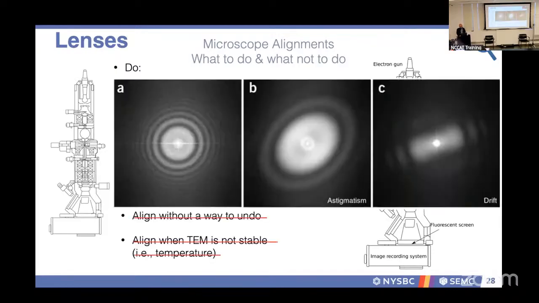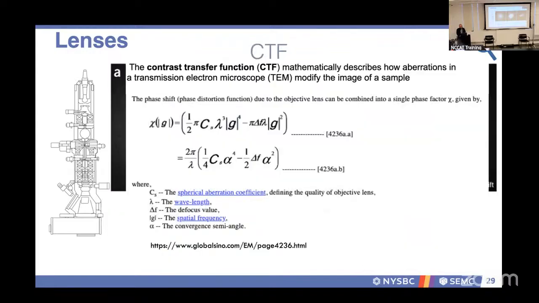There are several things you can do to make sure your microscope is aligned and to check the different lens systems. What you'll see a little more tomorrow when Fred goes into the math of EM is that the point spread function of an electron microscope can be modeled in the contrast transfer function.